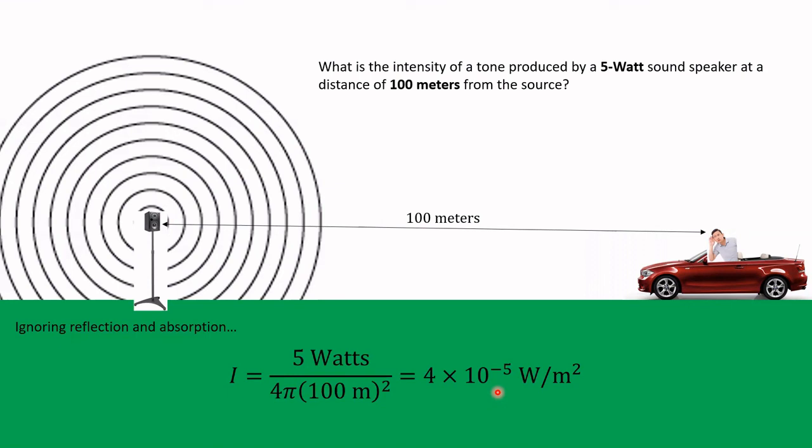Not only is that inconvenient, what's even worse is the fact that the range of sounds you can experience go from as low as 1 trillionth of a watt per square meter all the way up to 1 or 2 watts per square meter. So it's an enormous range. It's awkward to work with numbers like that.